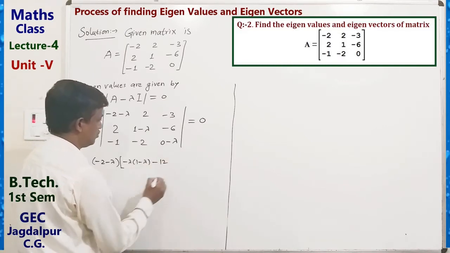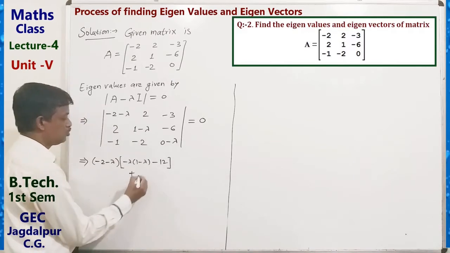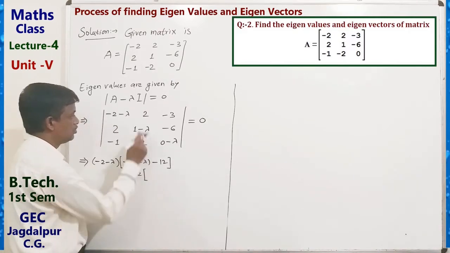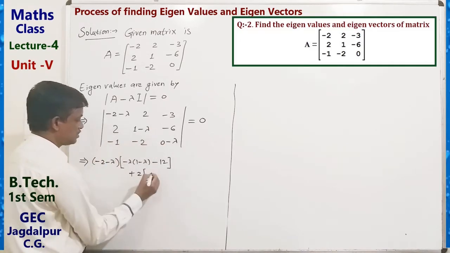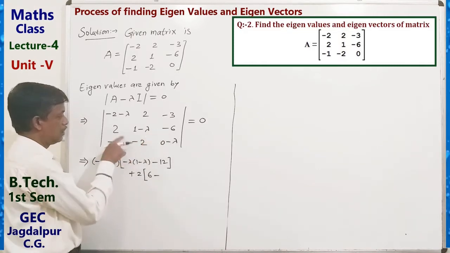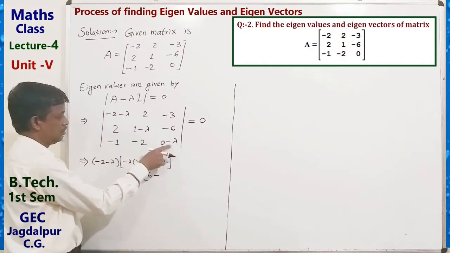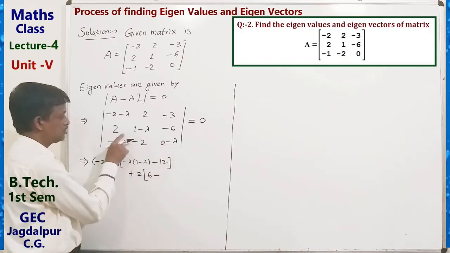minus, minus, plus, minus 12, plus 2 into this into this, 6 minus minus of minus 2 lambda.